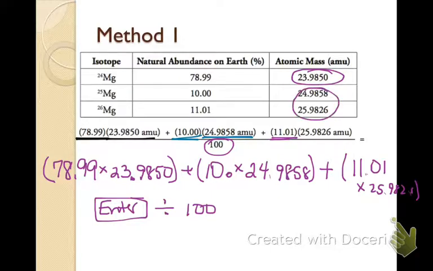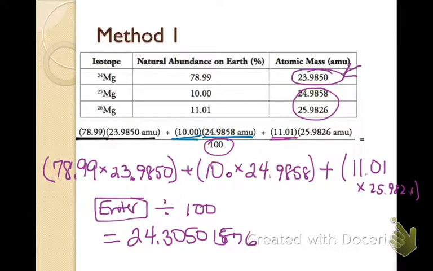So if you think about the numbers, it should be closer to this first mass, which is 23.9850, because there's more of it, right? So when you put this into your calculator, I get 24.30501576. I'm sure it continues on.